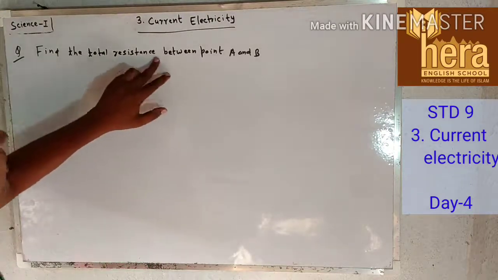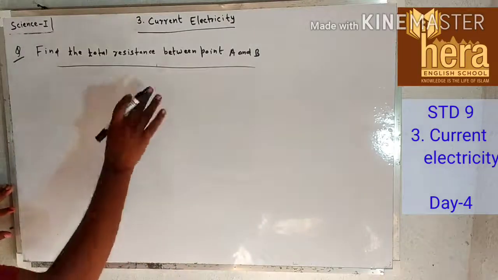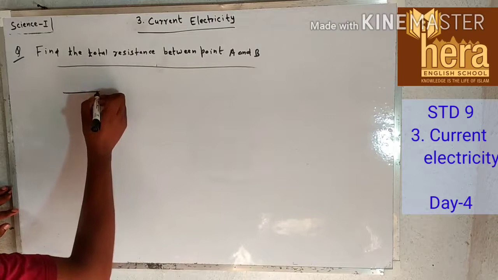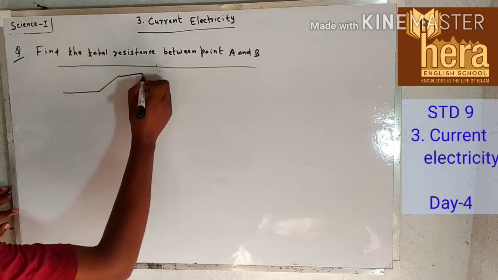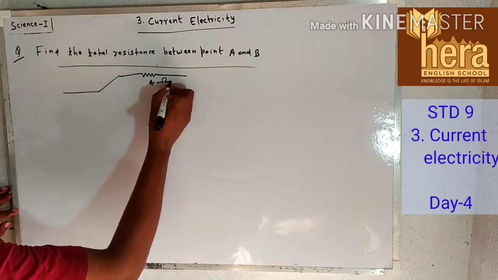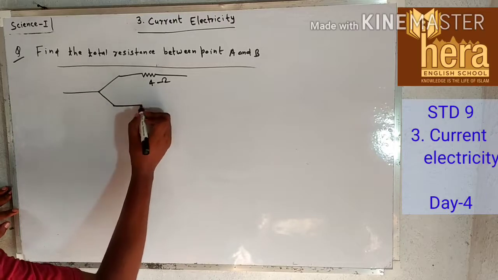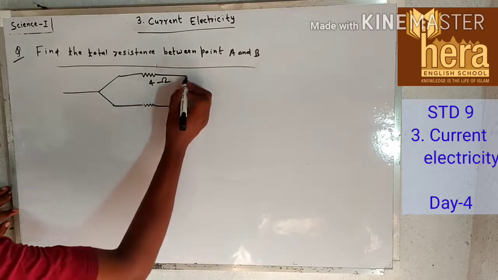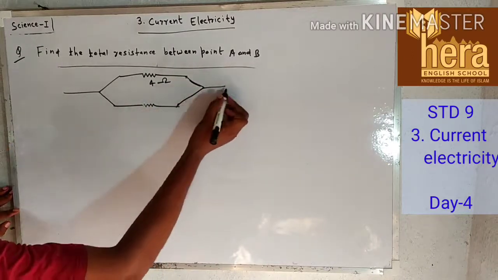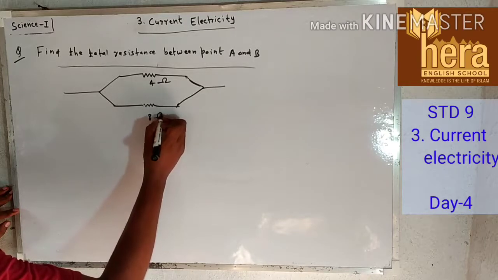Find the total resistance between point A and B. There are two resistances. I am making the diagram. So this is say 4 ohm, this is the wire, and say this is 8 ohm.